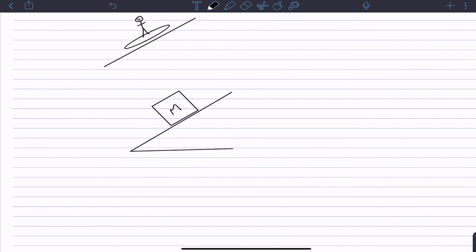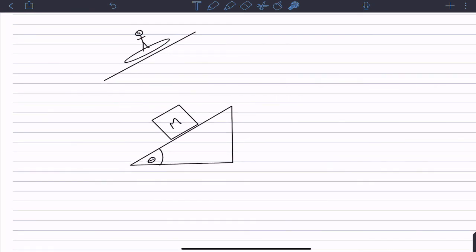We want to know what is the maximum angle. So how steep of a slope does this have to be before this box slides down the ramp, or the sled and the rider? So this guy is just standing on this surf sled here, and he wants to go, but nothing's happening, right?